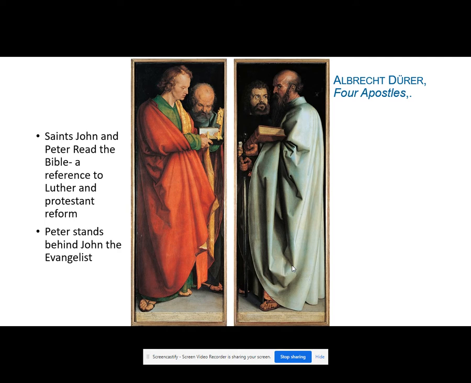And then we have Peter actually standing behind John, because Peter is thought to have been the first pope. And so John the evangelist preaches the word of God, and Protestants believe in following the word of God, the Bible, rather than all of these images the Catholics are using. And they also don't follow the Pope. So this is a direct reference to what's going on in the church.